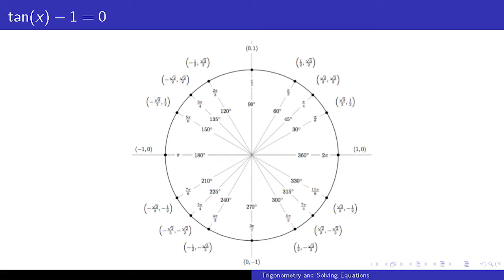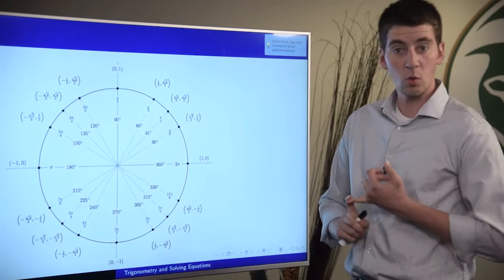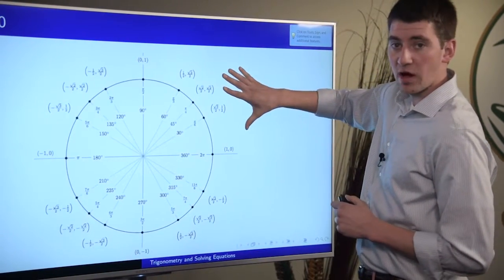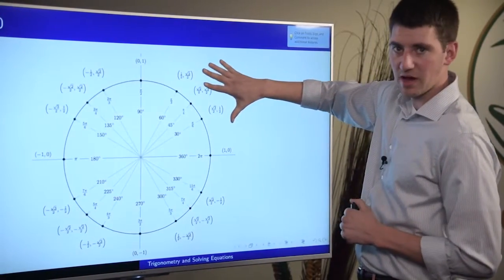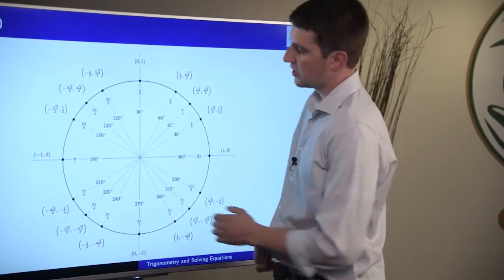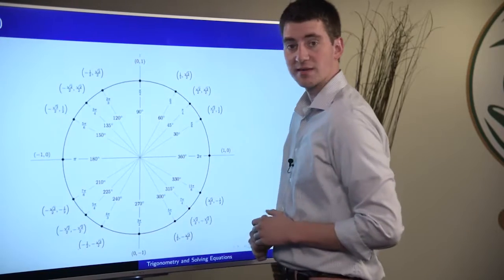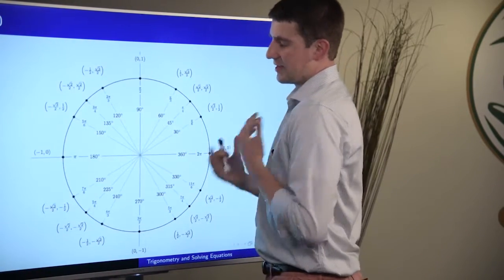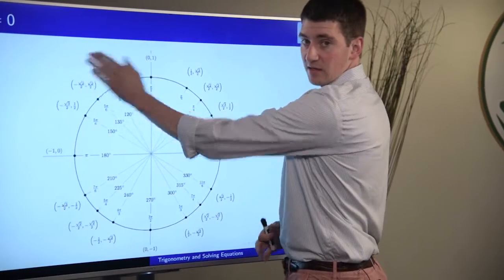So we're looking for where is cosine equal to sine, and we can just keep track of, first of all, the quadrants. So in this quadrant, both the x value and the y value are positive, so this is a spot where they could possibly be equal. Here, the cosine value is negative and the sine value is positive. So if we want sine and cosine to be the same, then they can't be opposite signs, so this is not valid.